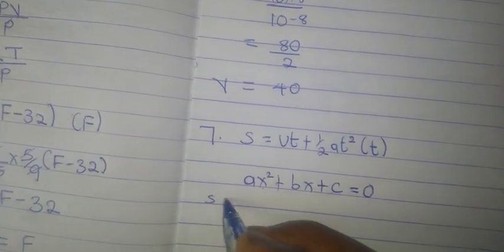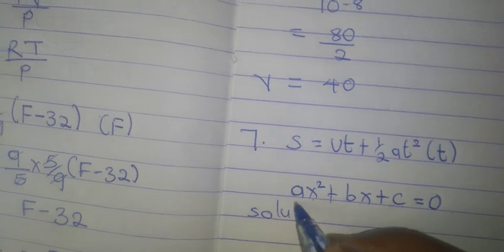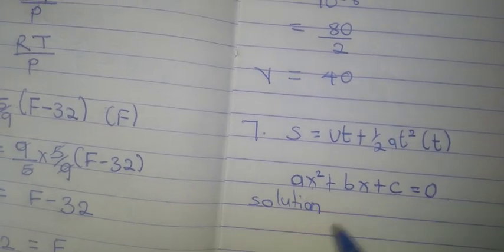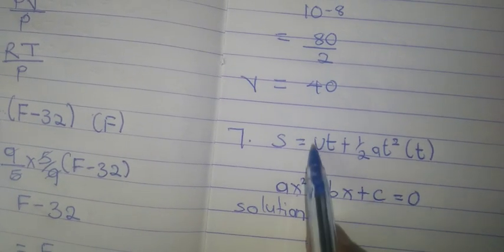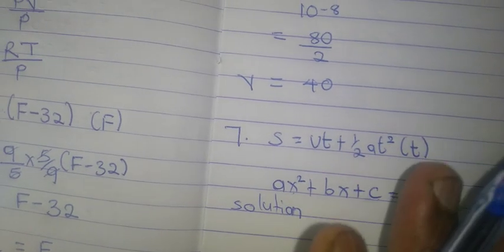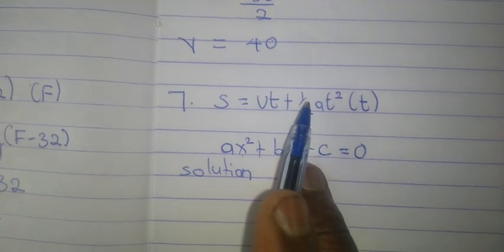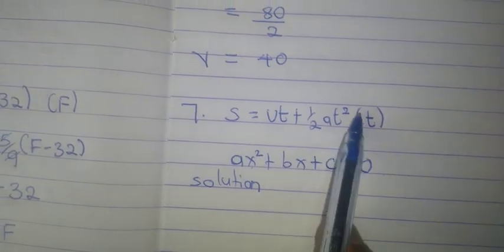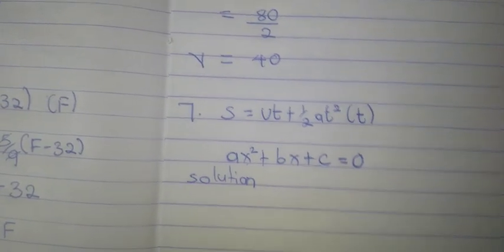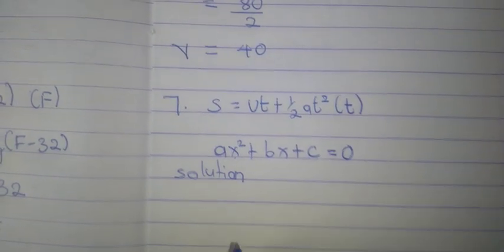So solution, how shall I deal with this? I'm just going to put what is on the right to my left. I've not changed anything, but I'm putting it in terms of a quadratic equation which begins with degree 2.